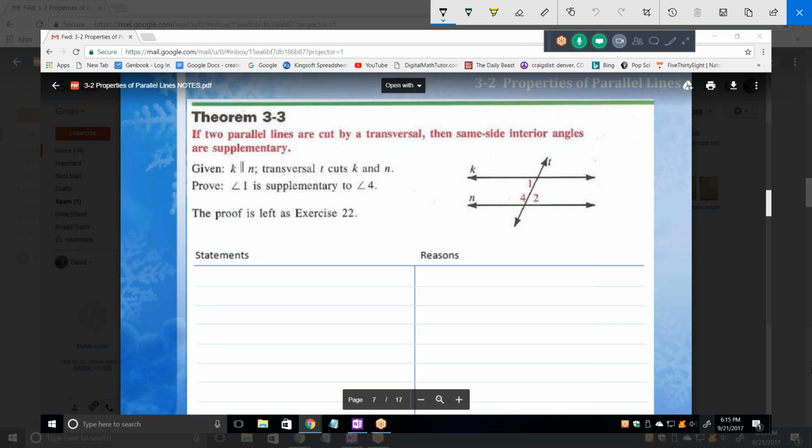All right, let's do 1. I'm going to write really tiny. That's as tiny as I can write. Okay. The reason for number 1: given.